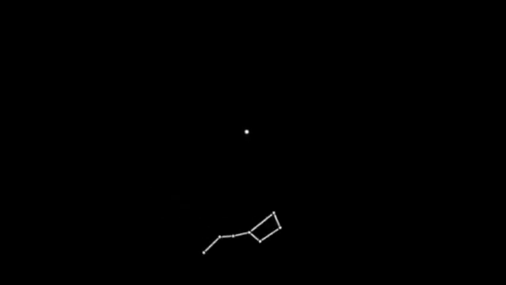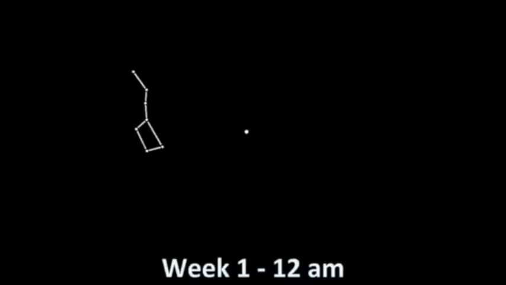Now because it gains 1 degree per day, if you were to look up at the sky at week 1, you're going to see this. And week 2, if you were to look up at the sky at the same time, it's going to be shifted 7 degrees. And week 3, it's going to be shifted another 7 degrees roughly, and week 4, and week 5.